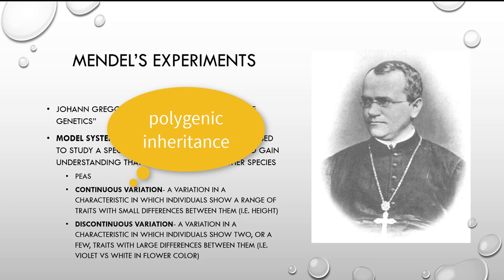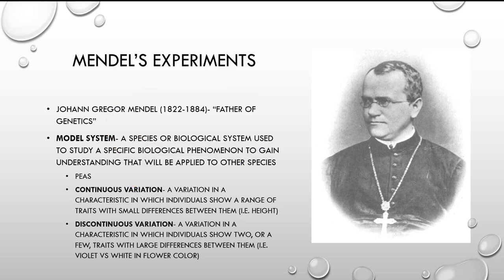Poly means many, genic means genes, so many genes contributing to a particular trait. We have many genes that can contribute to one single trait, such as our height, and because of that, you have a lot of variation within it. We also have environmental things that affect our height as well.